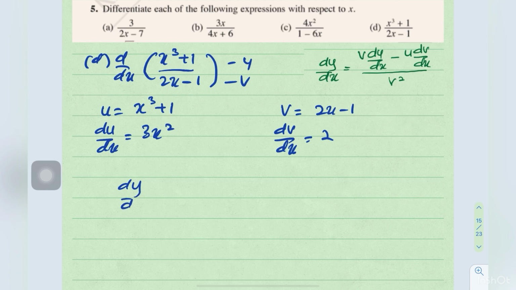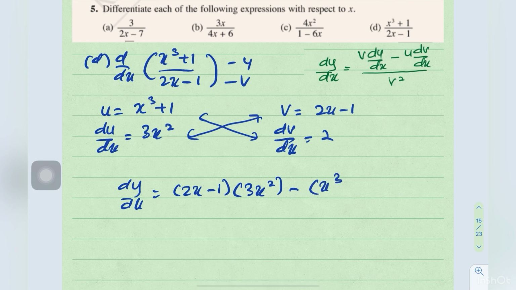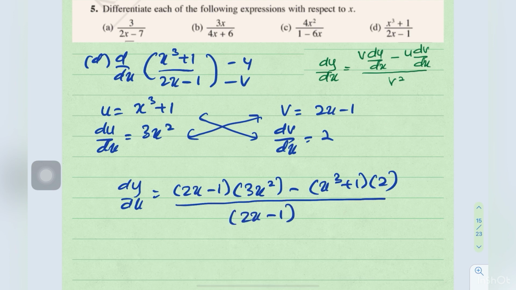So dy/dx is v du/dx, okay? So (2x minus 1) times 3x squared minus u dv/dx, (x cubed plus 1) times 2, over v squared, which is (2x minus 1) squared.